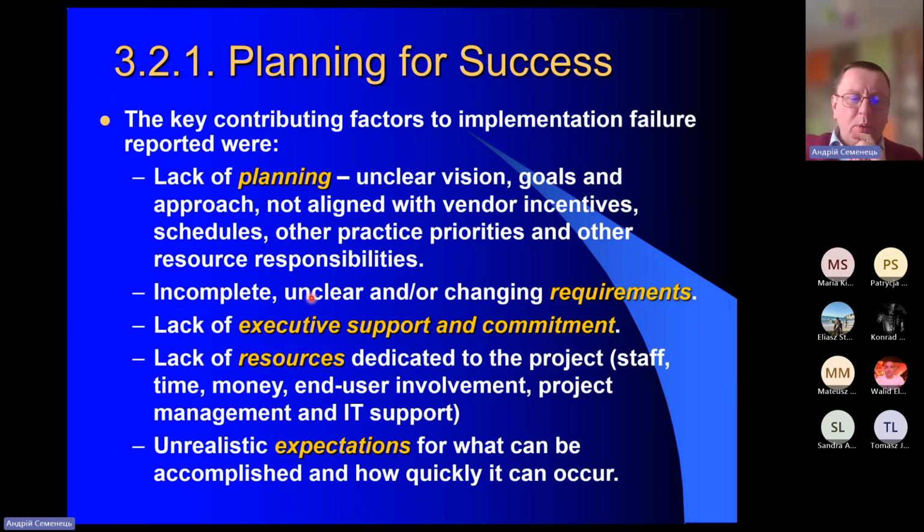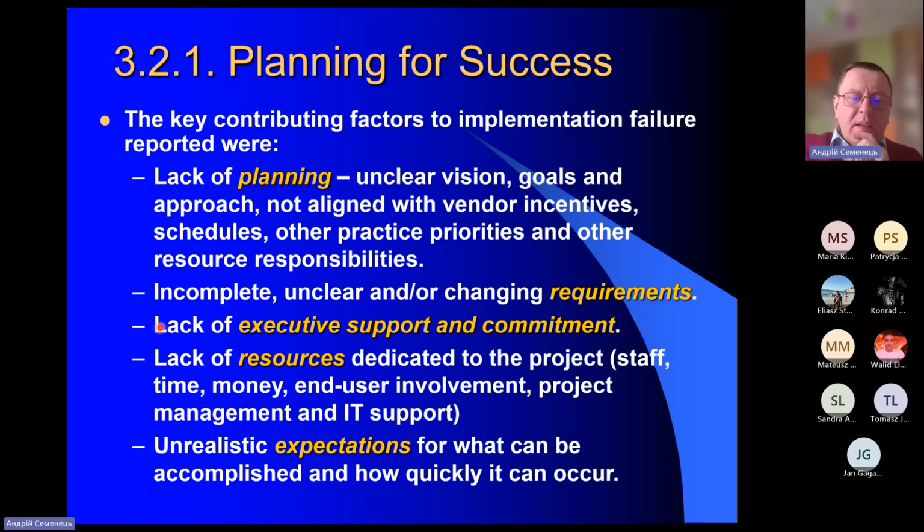That third point again: there was almost no successful implementation of MIS in community governmental healthcare facilities until the government became committed to this and enforced it in 2018. 2017 started and 2018 completed.